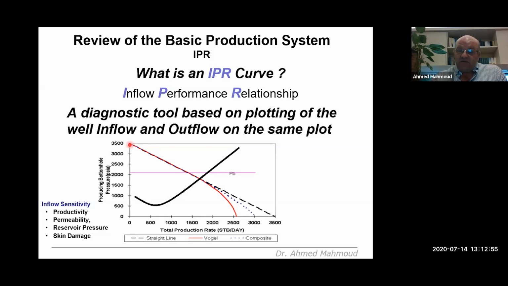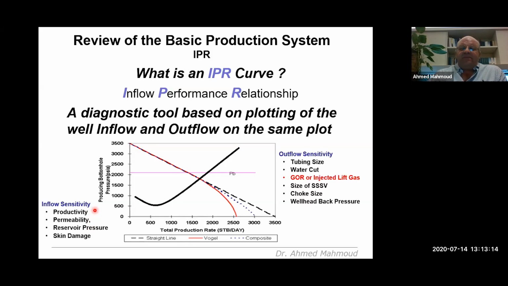But the starting point of the inflow has to be the initial reservoir pressure. From there on, it moves down, affected by a couple of things, mainly productivity, permeability, reservoir pressure, and skin damage.